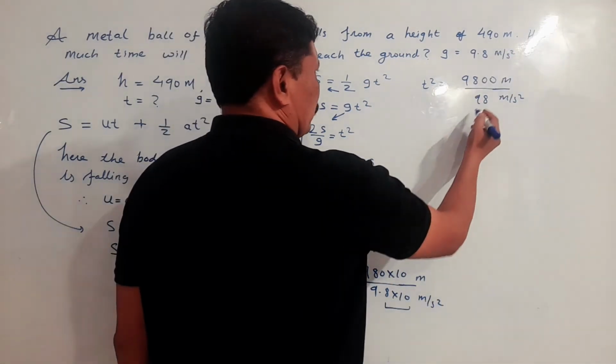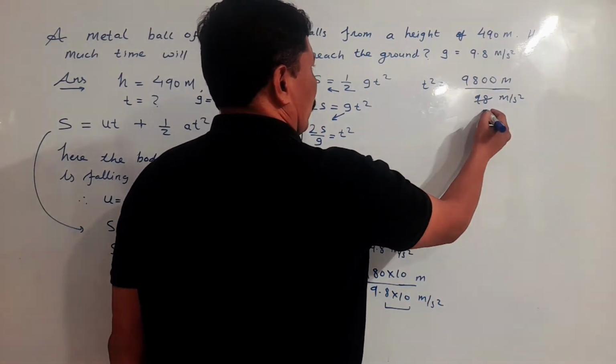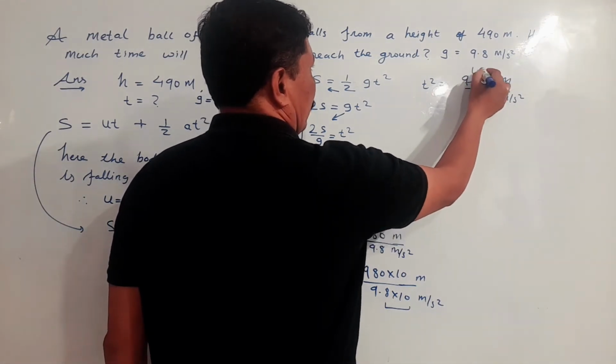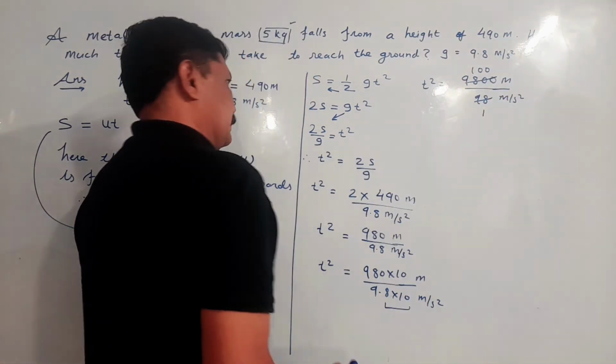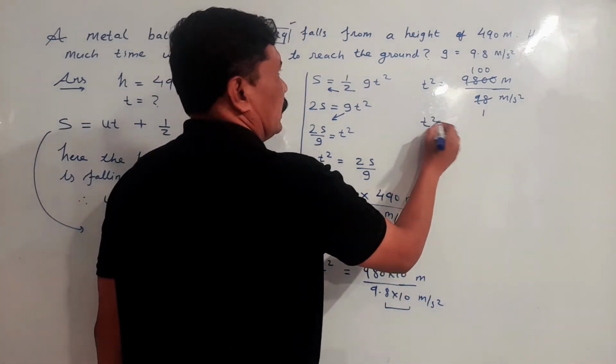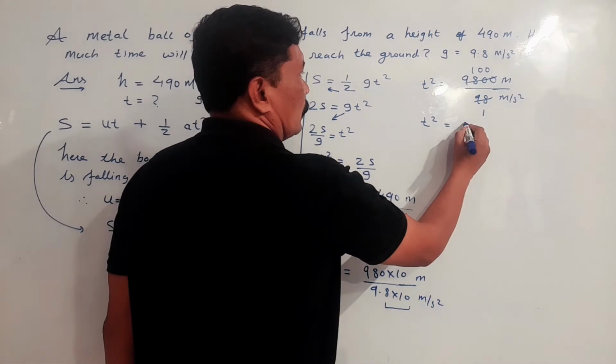Now we can cut it, my dear. So 98 ones are 98 and 98 hundreds are 9800.